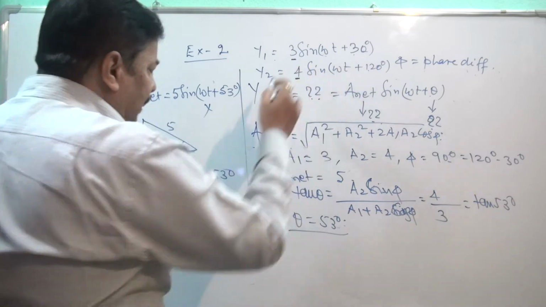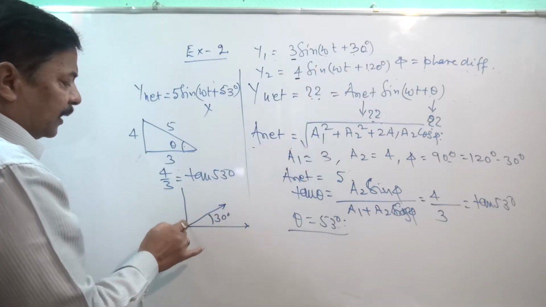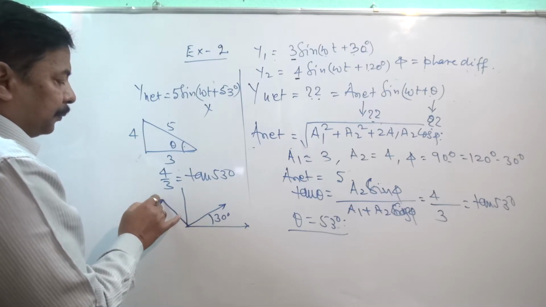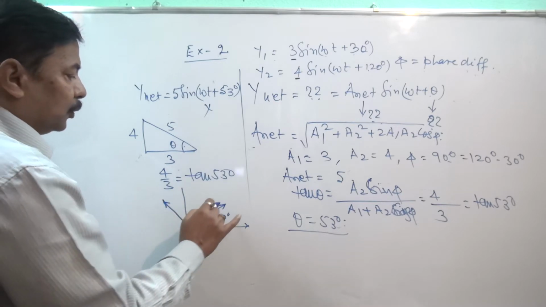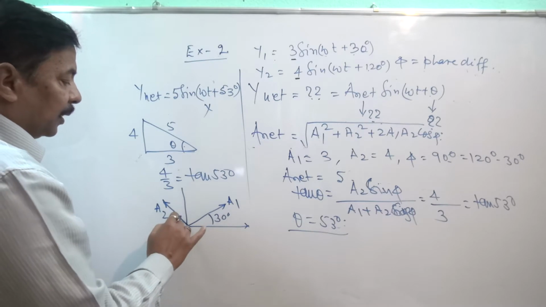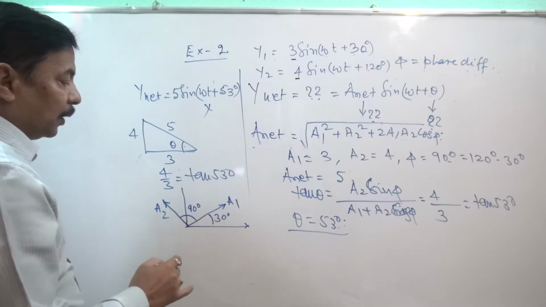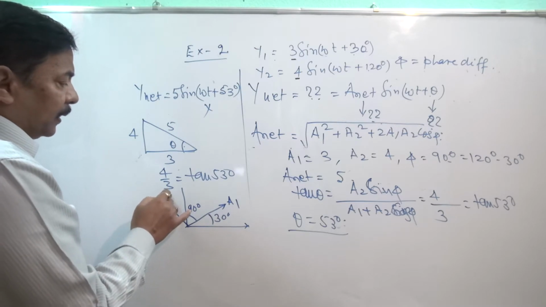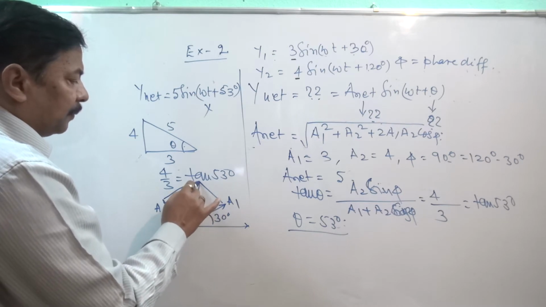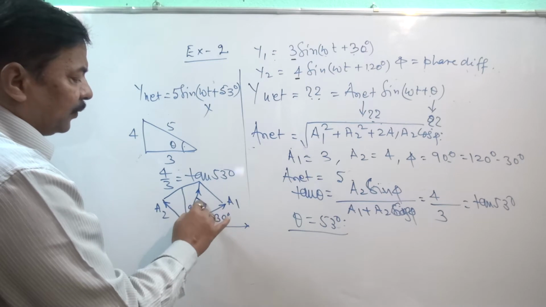And at 90 degree ahead of this, that means 30 plus 90, it is your A2. This is your A1, this is your A2. This angle is your 90 and this is 120. So if you take the resultant, it will be something like this, and what you have calculated, 53 degree, is this angle.